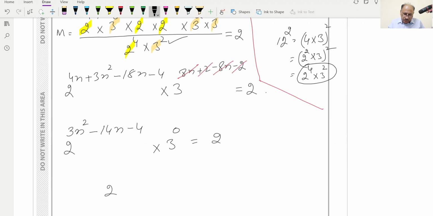So 2 raised to the power 3n squared minus 14n minus 4, and this is equal to 2 raised to the power 1 we can write.